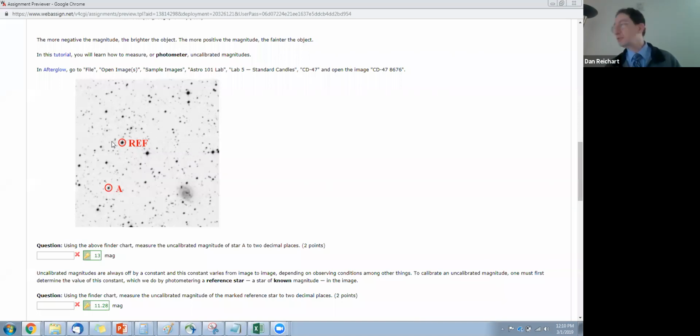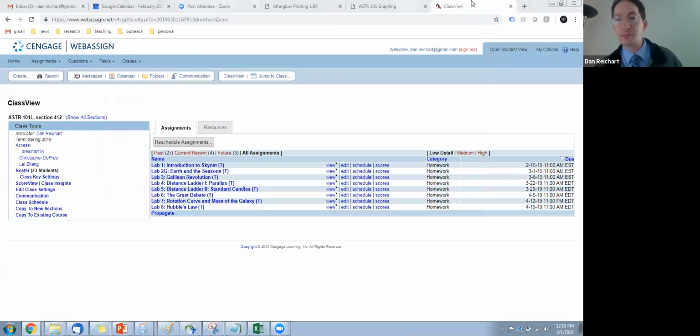So any magnitude that you measure off of an image is relative. If you take the same picture the next night and make that measurement again, you get a different magnitude. So you always have to tie it to a reference star, a star of known magnitude. Let's switch over to Afterglow, and we'll walk through this simple background exercise.